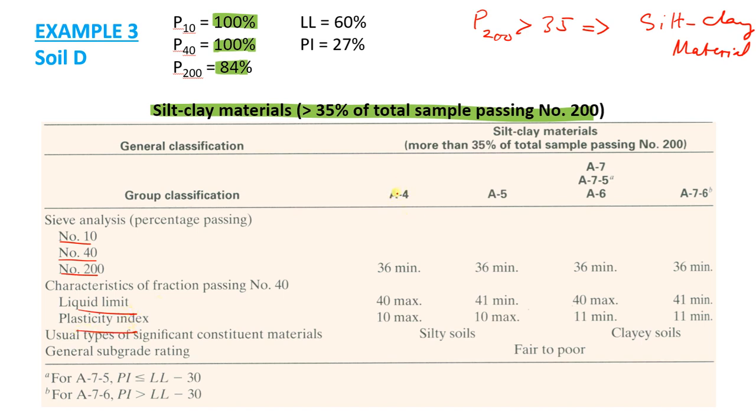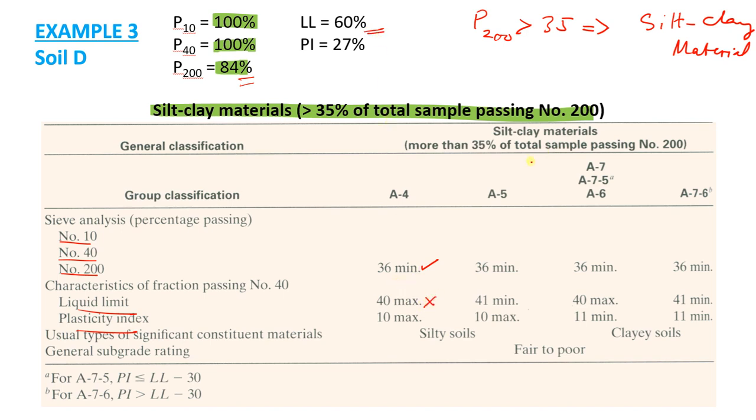Let's start from the leftmost column. Passing number 200 is minimum 36. It means it could be 36 and above. Our value is 84, so it's okay. Liquid limit is 40 maximum. It can be maximum 40, but what is our value? 60, not matching.